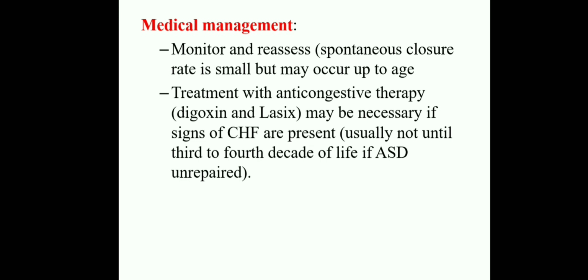The treatment with the congestive therapy they are giving, that is digoxin and then Lasix, may be necessary if the signs of congestive heart failure are present. Usually not until the third or fourth decade of life if the child is having ASD. Okay, sometimes it is unrepaired. That time they need some surgical interventions.